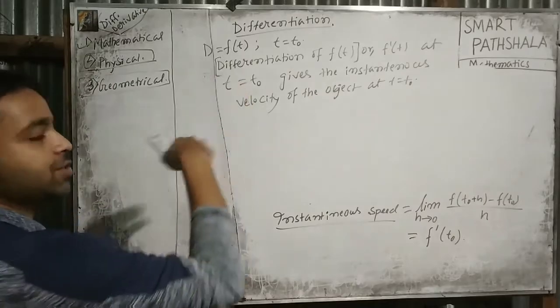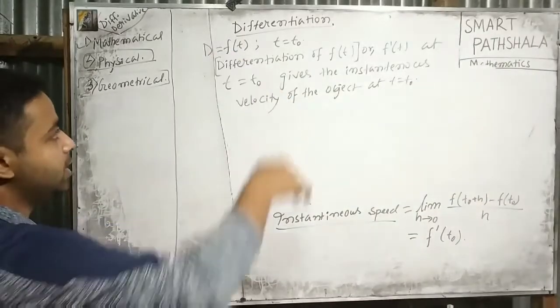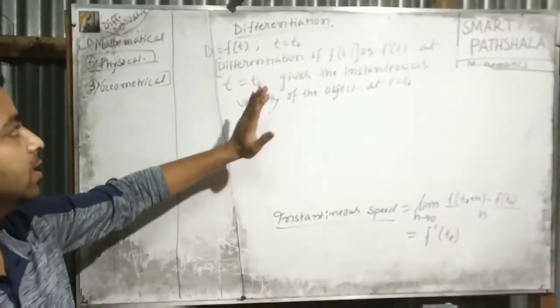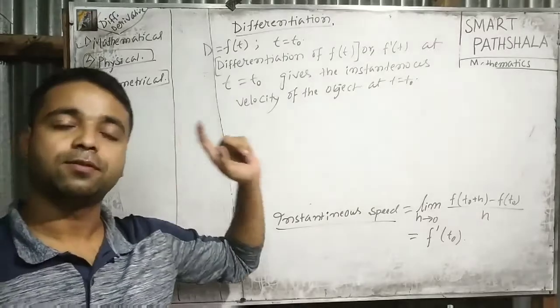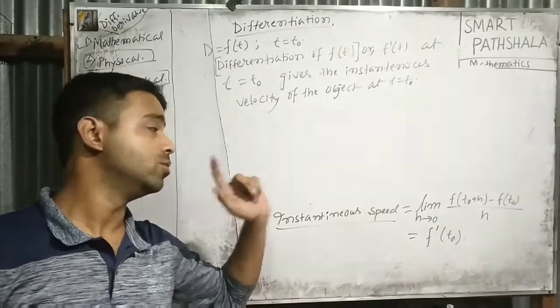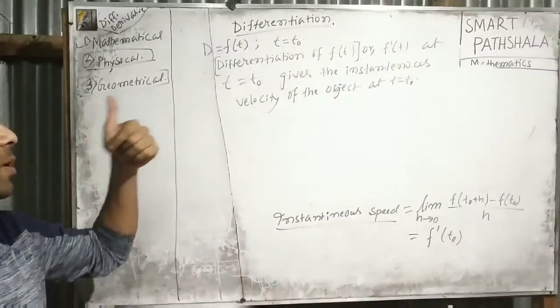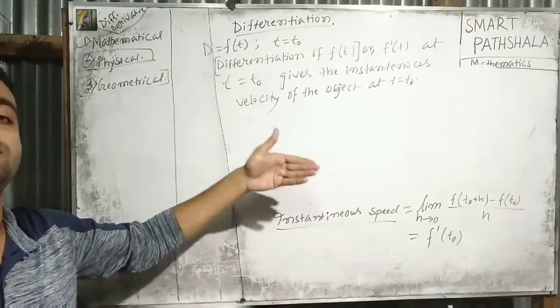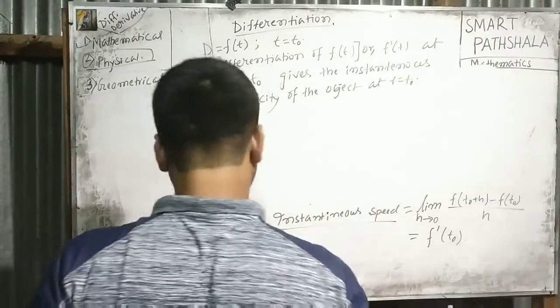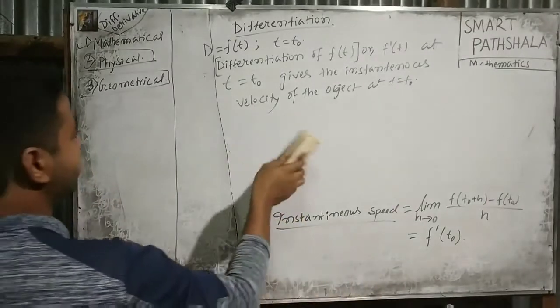So if distance is given by the function f of t, then differentiation of f of t at a certain point t is equal to t0 gives the instantaneous velocity of the object at t is equal to t0. So this is the physical definition of differentiation.